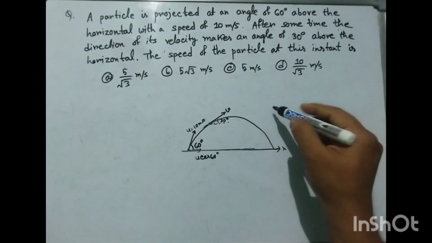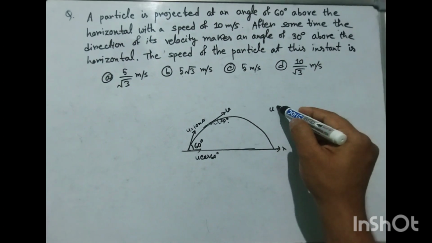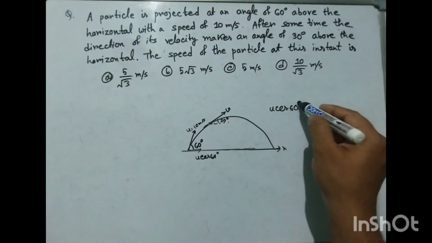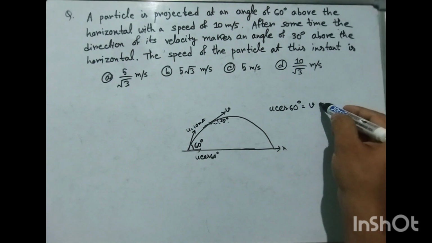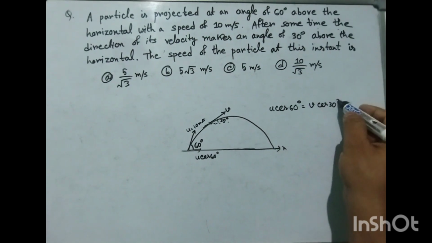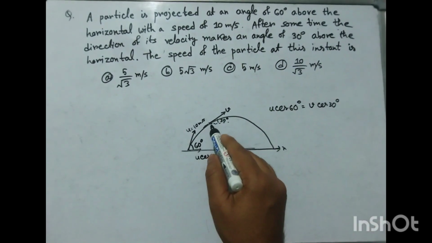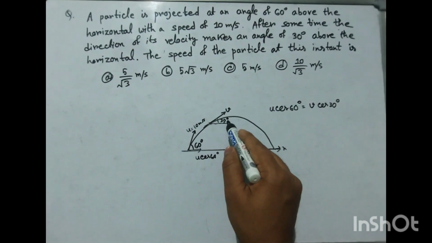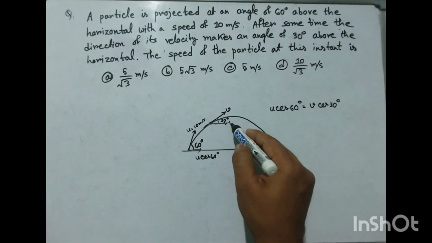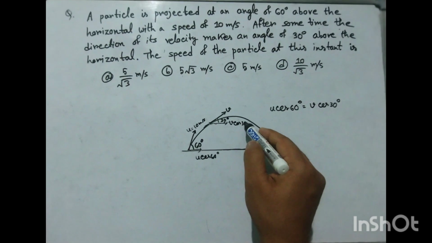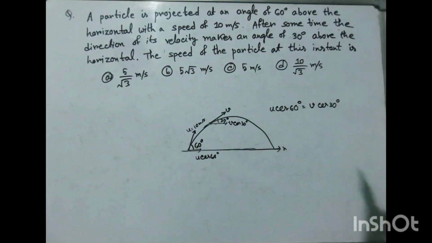So from this condition we can say u cos 60 degree will be equal to v cos 30 degree, because horizontal components of velocity remain always constant. So here the horizontal component is v cos 30 degree. So these two must be equal.